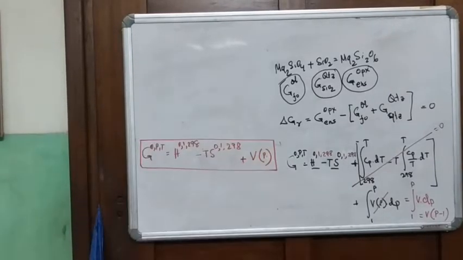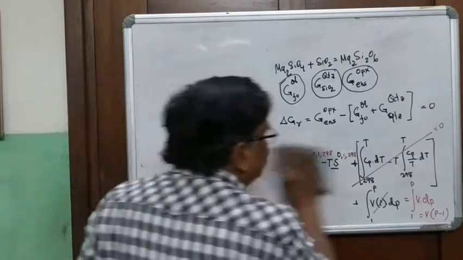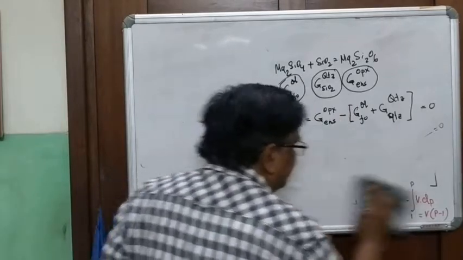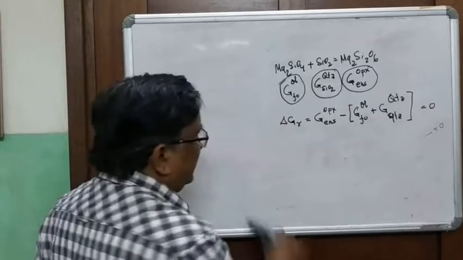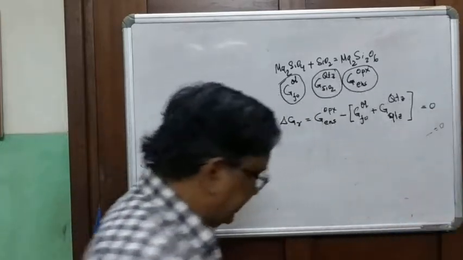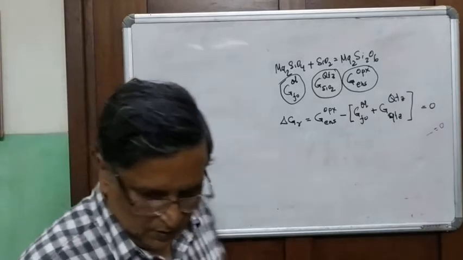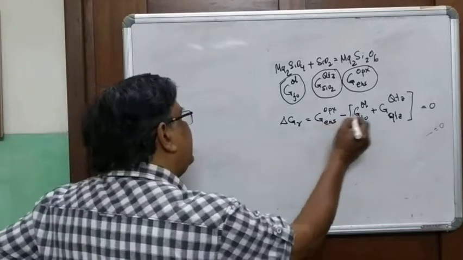So now if I do this, then I erase this, and I write this one. How will I write G0 for a static?